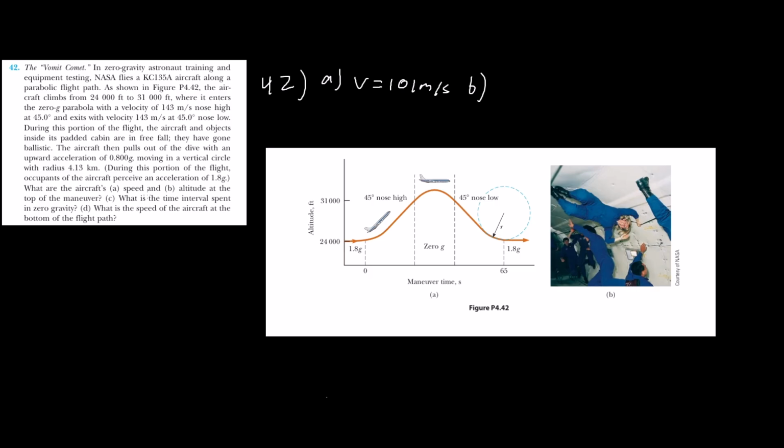So now, since we found the speed, let's find the altitude at the top of the maneuver. So let's find out how far it rises. I'm going to let this position be 0. So I'm going to set up my equation: y max is going to equal vy squared over 2g, where vy is 143 meters per second times sine of 45 degrees, which is going to be the same as that.